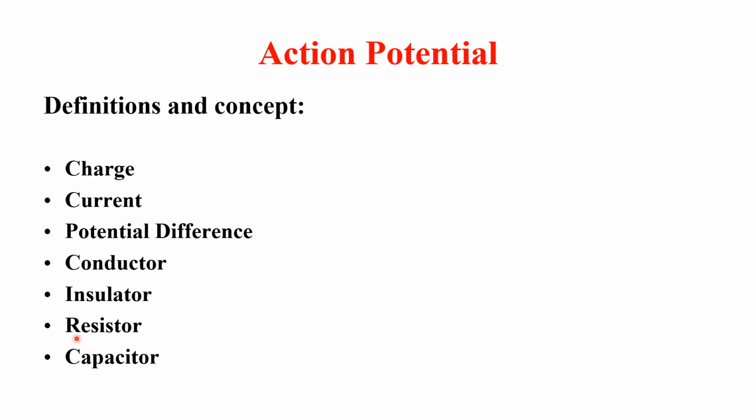And the resistor is a substance that resists passage of charges or current through them, and they are used to reduce current flow in a circuit. And the resistivity is the property of a resistor to resist the flow of charges or current.